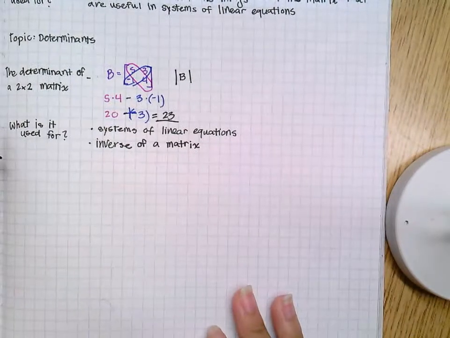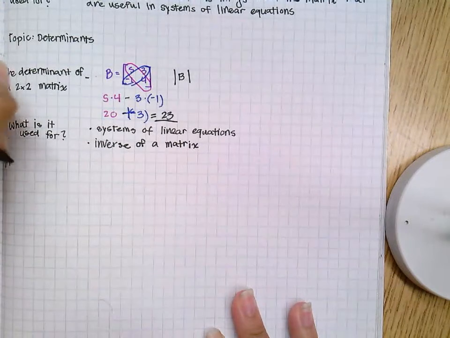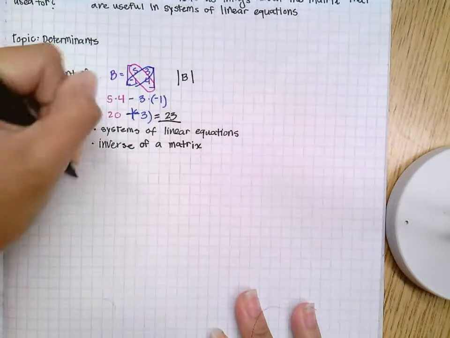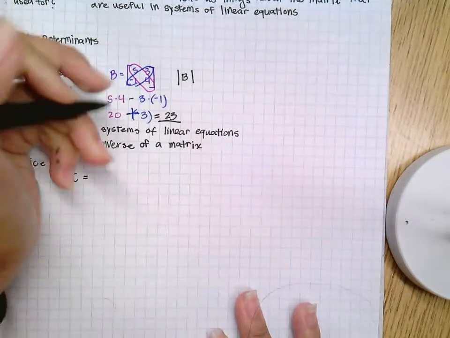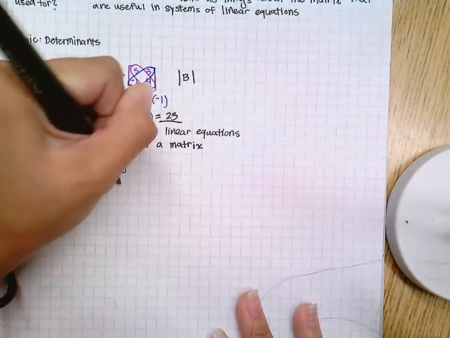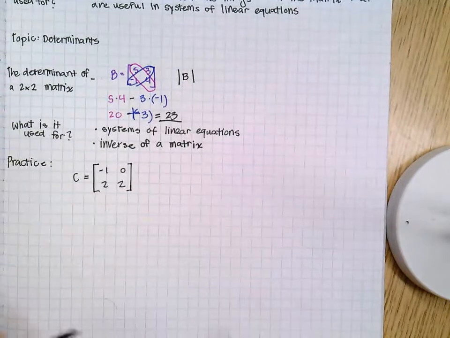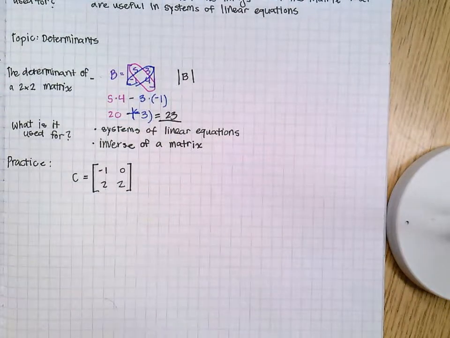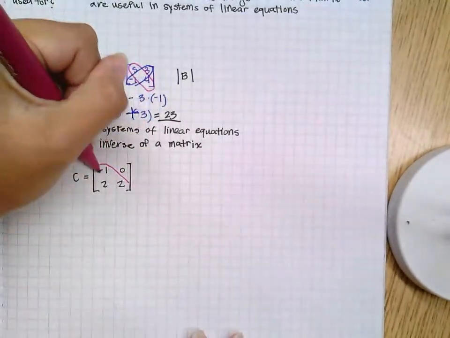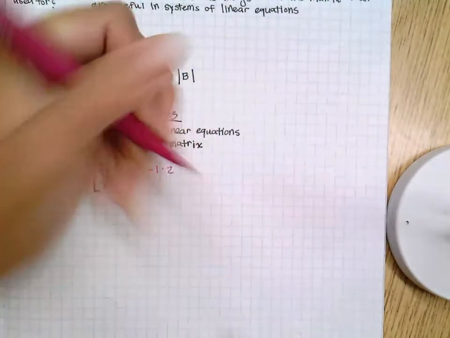So if we were to do practice problems, let's do matrix C, and it equals negative 1, 0, 2, and 2. This is matrix C. So what is the determinant of matrix C? We would do the first diagonal, which is negative 1 times 2.